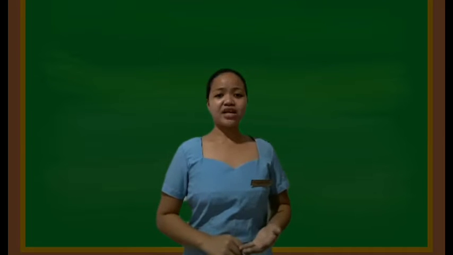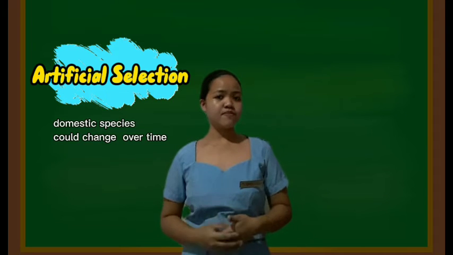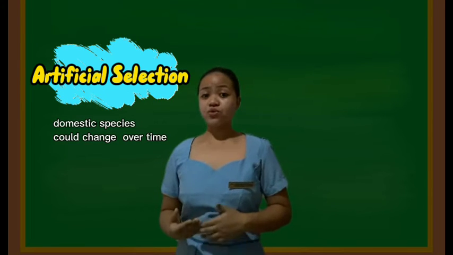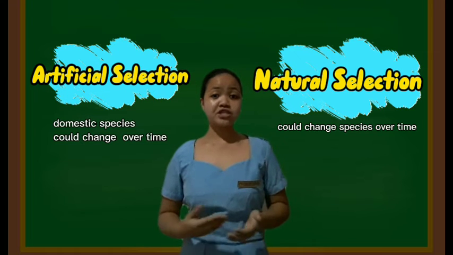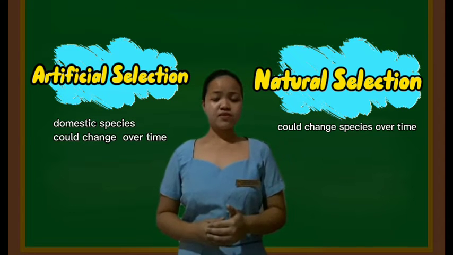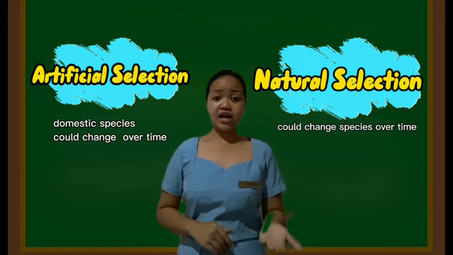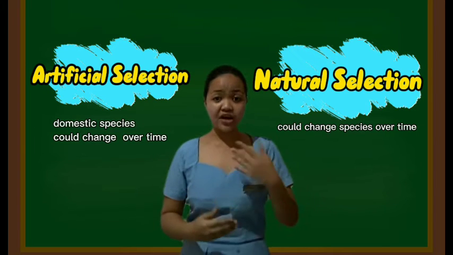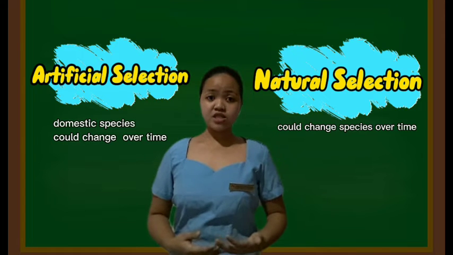So Darwin knew that artificial selection could change domestic species over time. And then he also inferred that natural selection could change species over time. In fact, he thought that if a species changed enough, it might evolve into a new species.